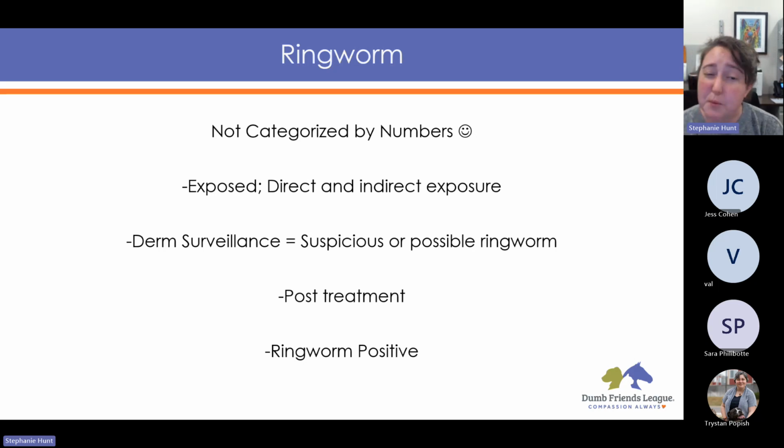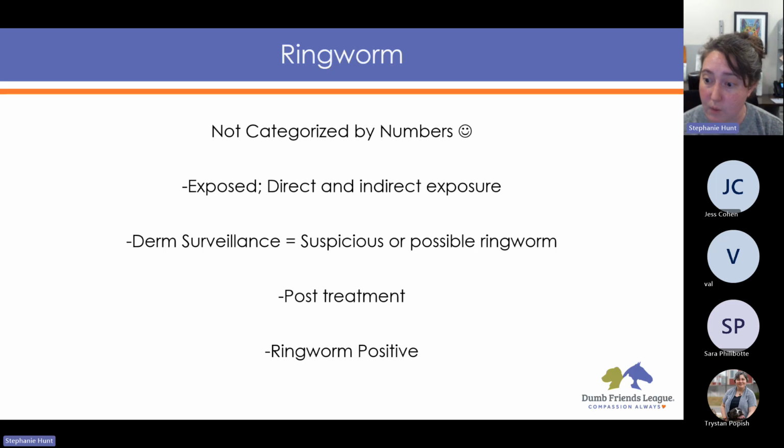Indirect exposure more often happens while they're in our care, and that's usually when they're kenneled next to an animal that is diagnosed with ringworm, or they are transferred on a van with an animal that is later diagnosed with ringworm. So they may not have had direct interaction with that positive animal, but it's possible that someone pet the animal that is now positive and then pet this animal, or it's possible that someone cleaned the kennel right next to them and then cleaned this kitten, the exposed animal's kennel directly afterwards.